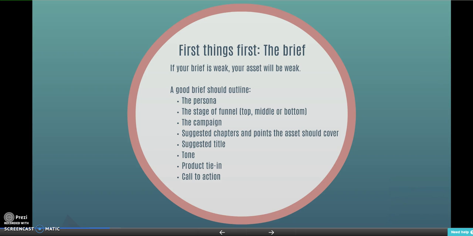So a good brief outlines the persona you're targeting with the asset, the stage of the funnel that the asset belongs in. It can be top, middle, or bottom of funnel. The campaign that the asset fits into. They should give you some guidance on what chapters you should have, points that you need to cover. They'll suggest a title. They'll talk about the tone it should be written in.